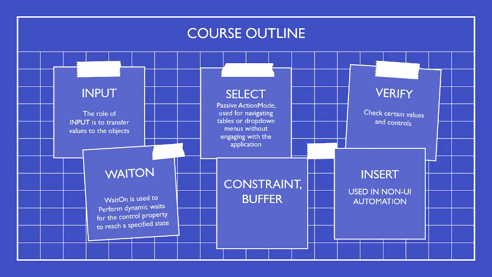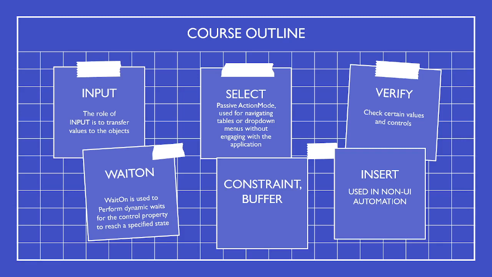Suppose you want to select a table: you use the select action mode, and you go inside that table. If you want to verify a particular kind of values, then you go for the verify action mode. So it's a passive action mode used for navigating tables or drop down menus without engaging with the application. I will give you an example of each of them one by one.